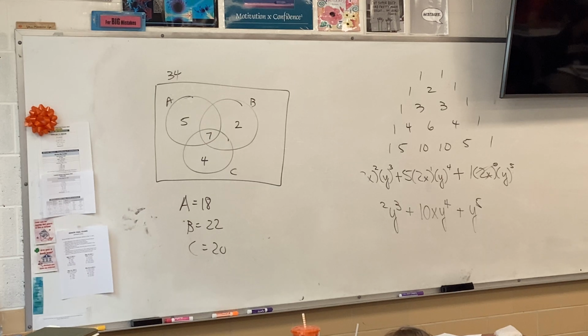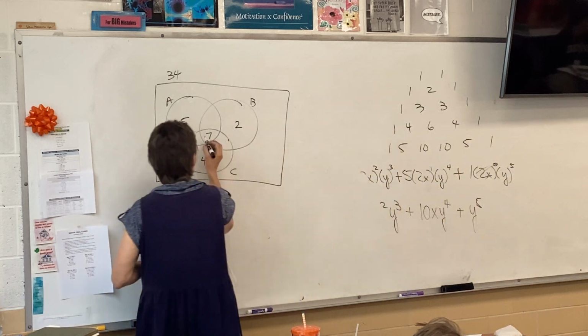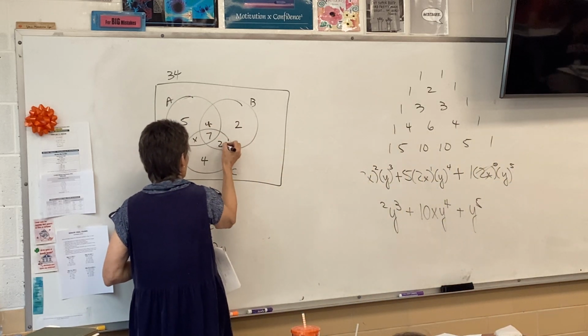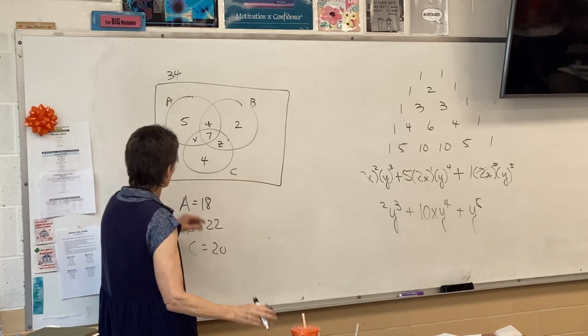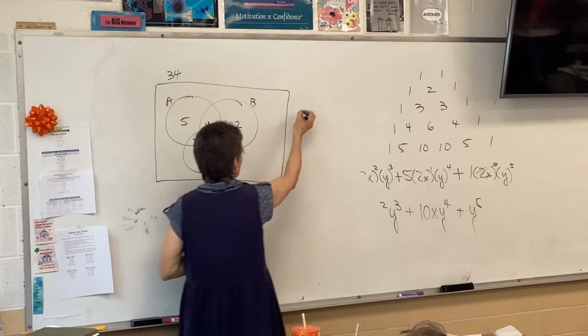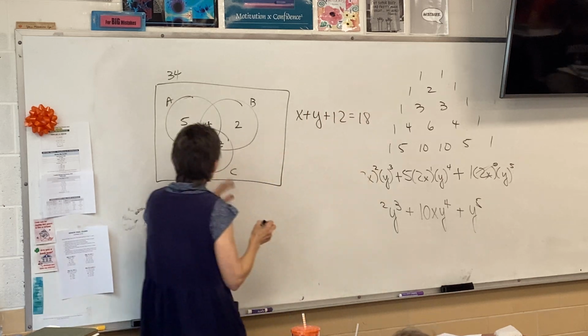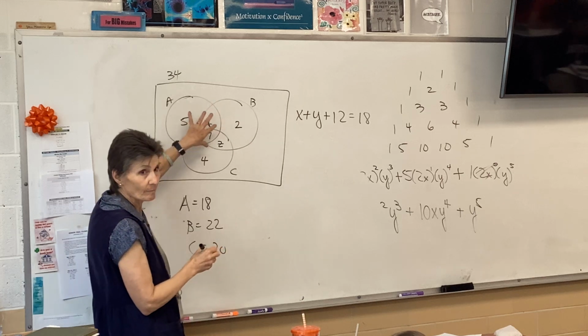Okay. So, I don't know what these little missing pieces are, so I'll call them X, Y, and Z. So 12, X and Y have to add up to 18. These are the kids that are getting A's.